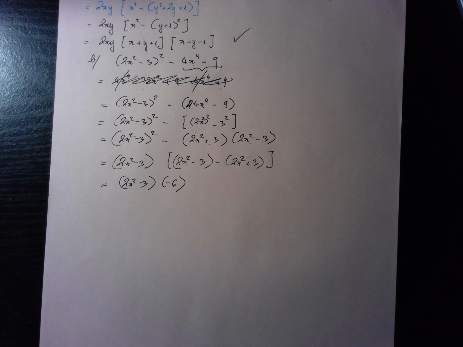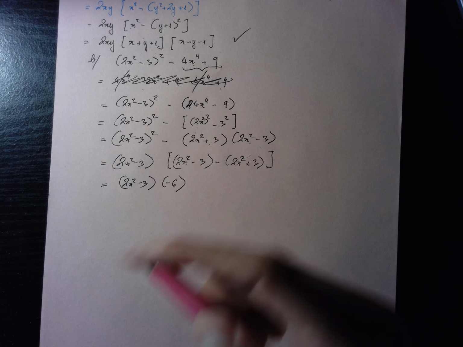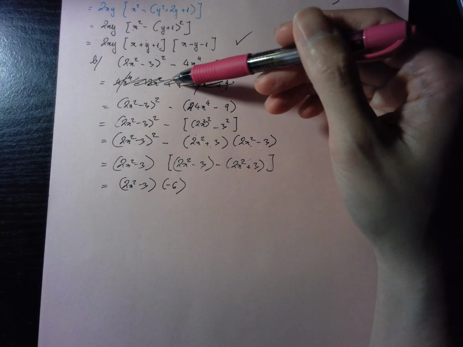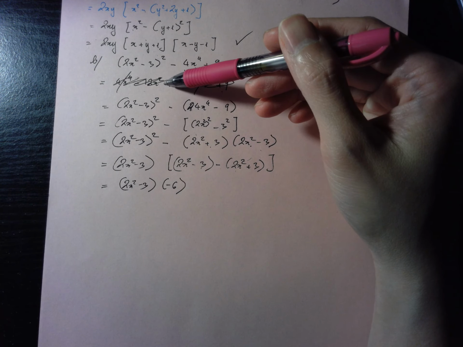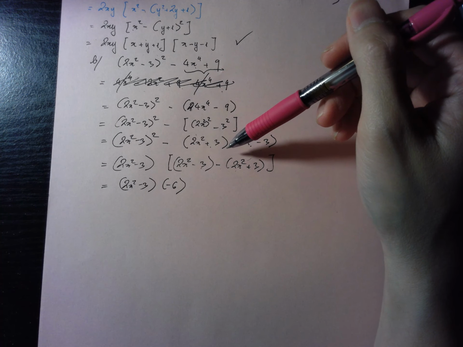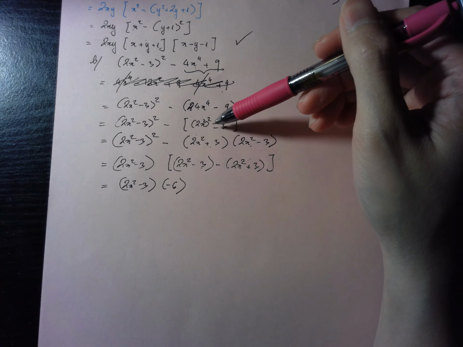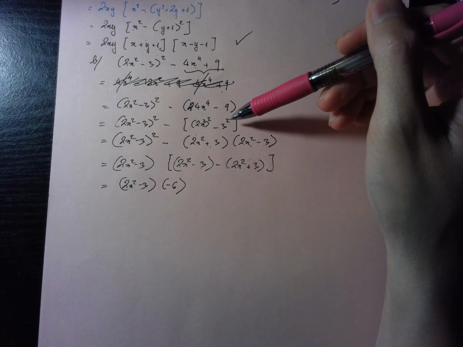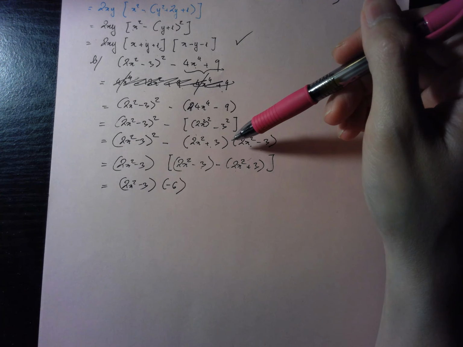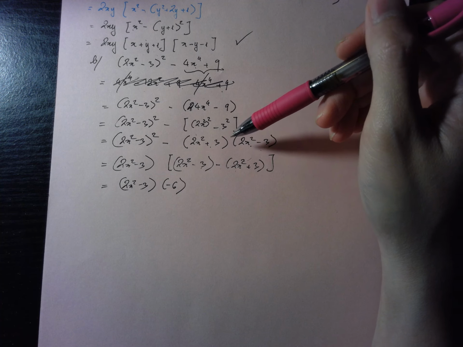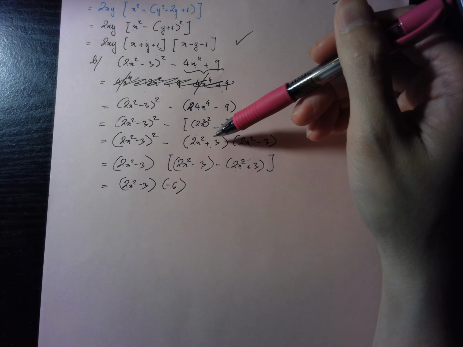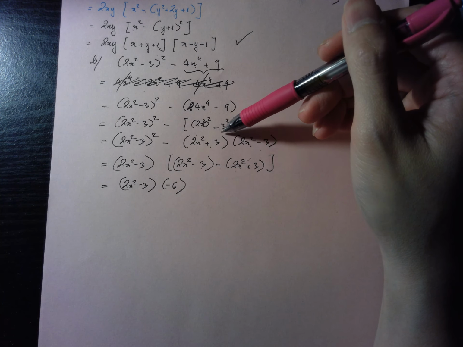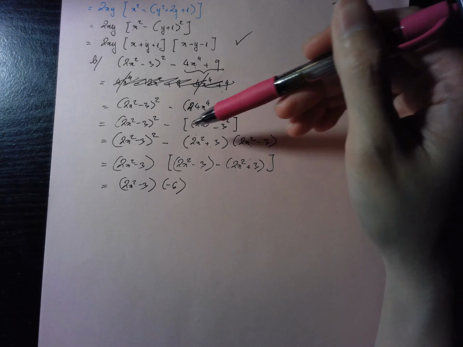Okay. I just want to make sure this is correct, because that's kind of strange: when I expand this one out, it cancels out everything. But when I do this, I just want to make sure that this is the correct one. 2x² plus 3, 2x² minus 3, so I take this one out.